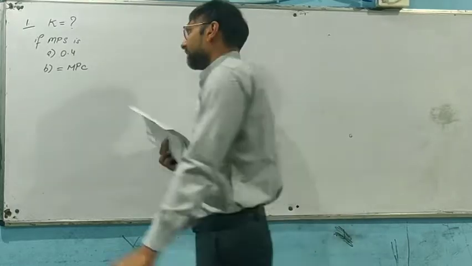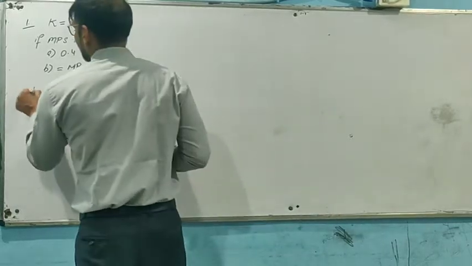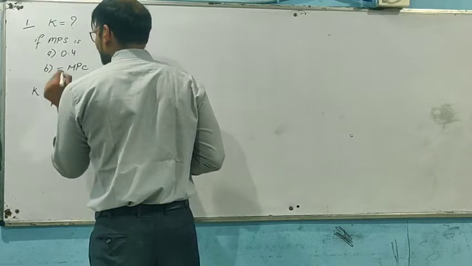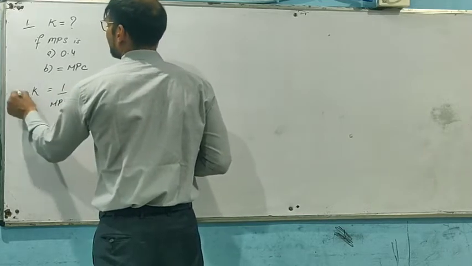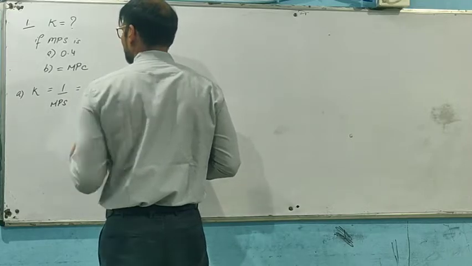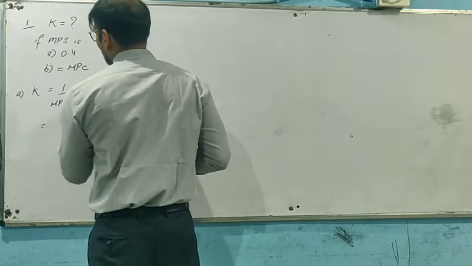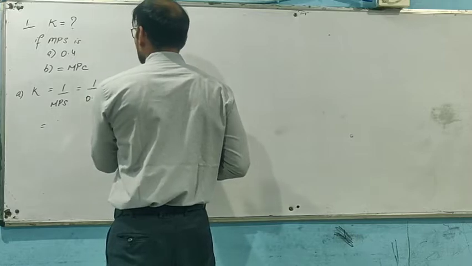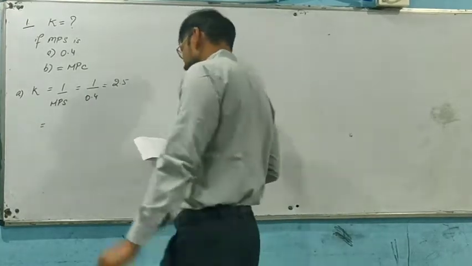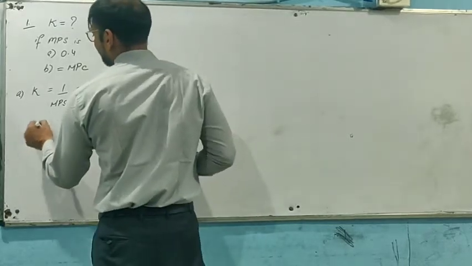Fine. It means if we say K equals to 1 upon MPS, in the first case it will be 1 upon 0.4, or we can say it will be 2.5. Right?